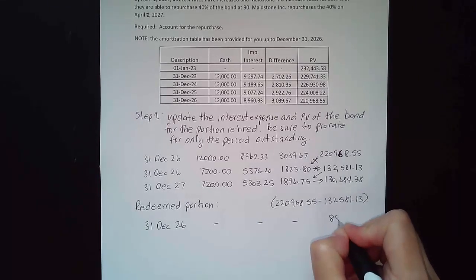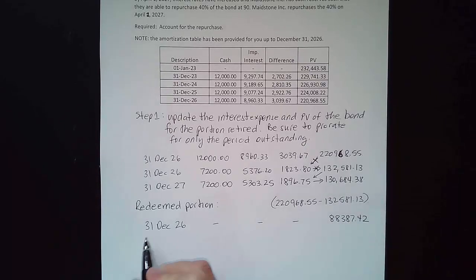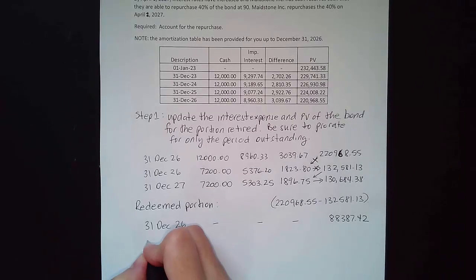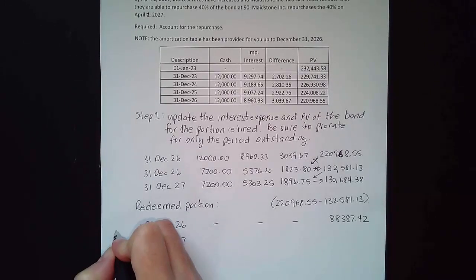That is $88,387.42 at December 31st, 2026. This is the portion, the 40%, that is going to be redeemed. When is it going to be redeemed? It's going to be redeemed at April 1st, 2027. Now, note that the period between these two dates is only 3 months.